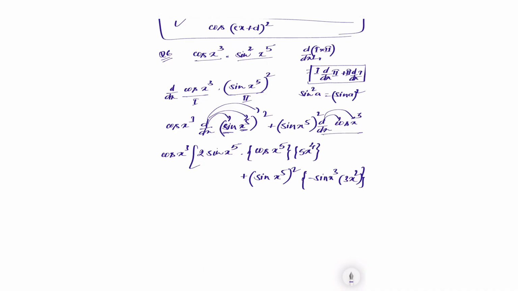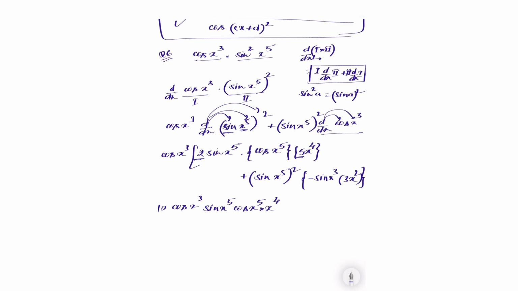Now simplify this. After simplification, here 2 is there, here 5 is there. 5 twos are 10. 10 into cos x cube sine x power 5 cos x power 5 and x power 4.